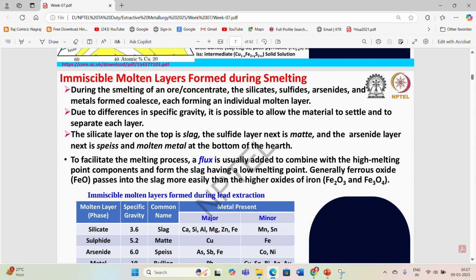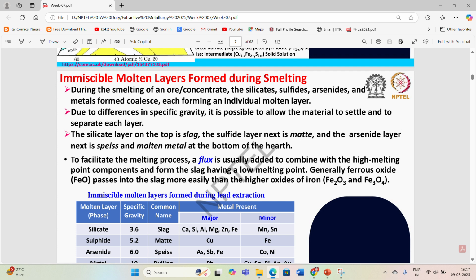The silicates, sulfides, arsenides, and metal coalesce, each forming an individual molten layer due to the specific gravity difference between all the materials. Due to the difference in specific gravity, it is possible to allow the material to settle and to separate each layer one by one. So the silicate layer on the top is known as slag, then the sulfide layer next is matte, and the arsenide layer next is speiss, and the molten metal at the bottom of the hearth.